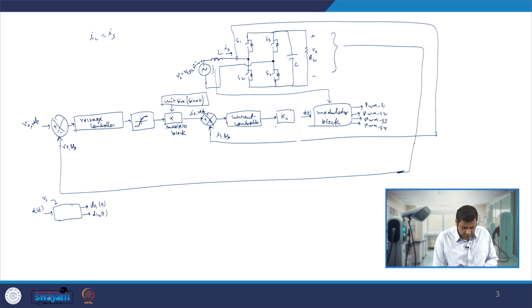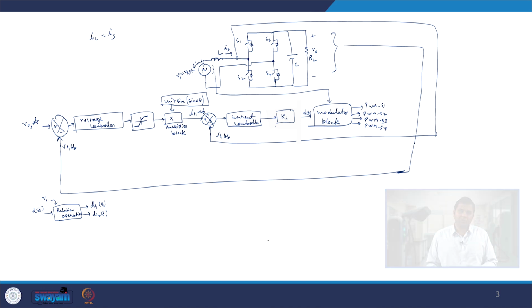You can either use a lookup table or you can just do the relational operation and find out, because we know ds1 of t is nothing but equal to 1 minus d of t whenever we have Vs greater than 0, and whenever Vs is less than 0, ds1 of t is nothing but equal to d of t.